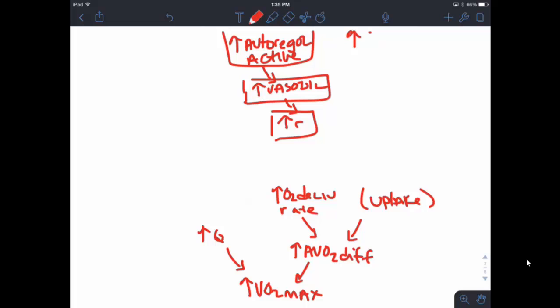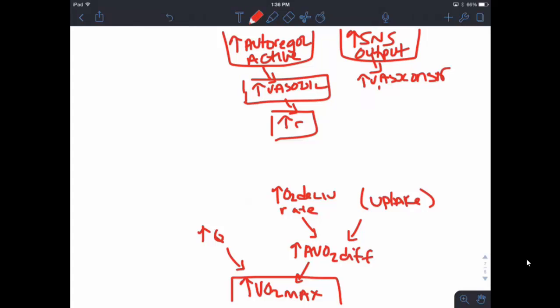Simultaneously, we're going to see greater SNS output to all tissues, but on our map we're only going to map out the things that contribute to a greater VO2 max. All right? So greater SNS output results in greater vasoconstriction to inactive, okay, which means lower radius in the arterioles going to the inactive.